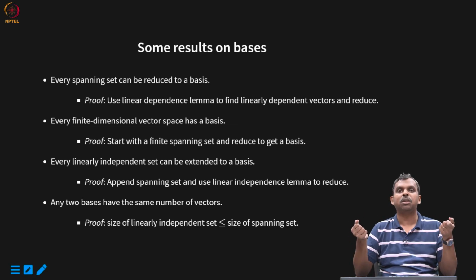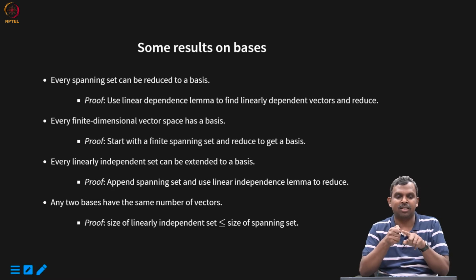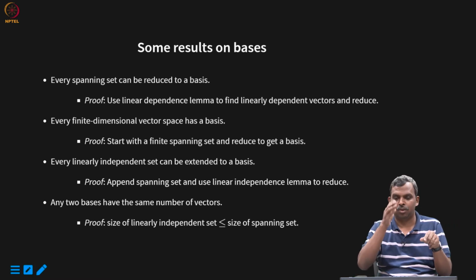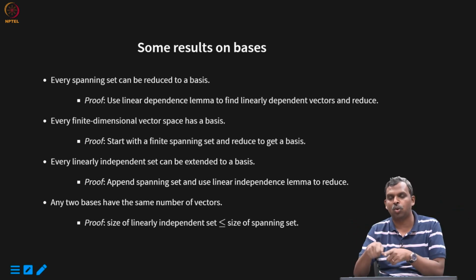Now what can I do? I bring in my linear dependence lemma. If the vectors are linearly dependent, use the linear dependence lemma to find a Vj which is in the span of the previous ones. You throw it out. Span remains the same. So the spanning set property is retained, and then again you check if it's linearly independent. If it is not linearly independent, use the linear dependence lemma to throw away one vector.